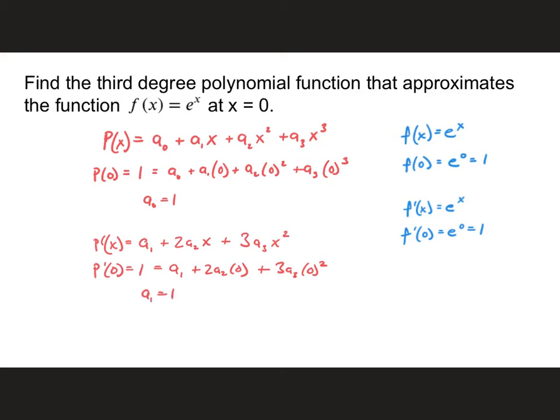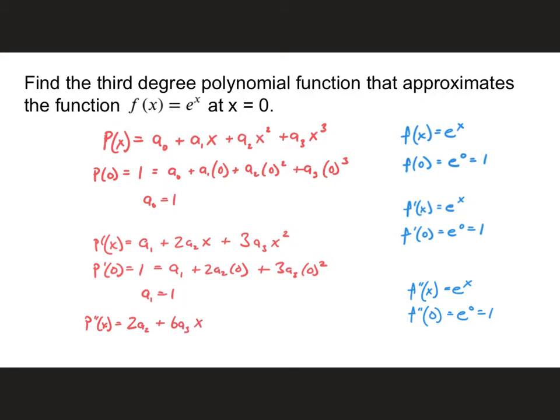Okay, so now I'm going to keep going. I'm going to look at the place where the second derivatives match. The second derivative of e to the x is e to the x, and the value of the second derivative at 0 is 1. P double prime of x is equal to 2a sub 2 plus 6a sub 3 x.